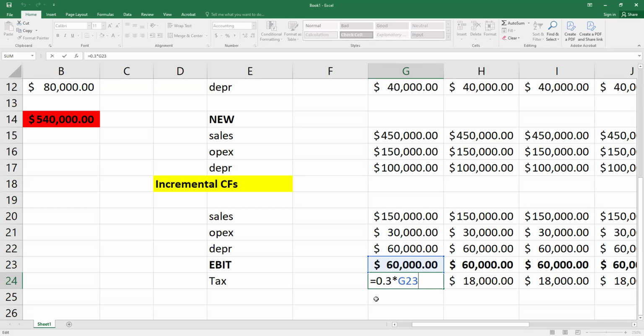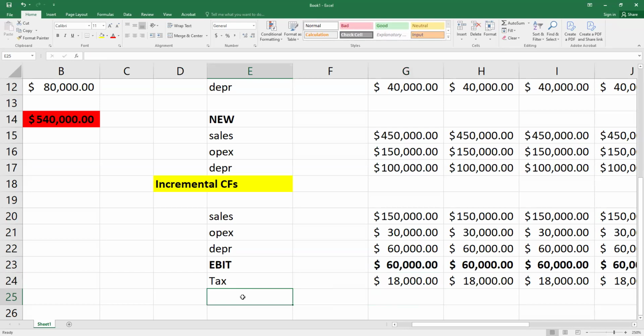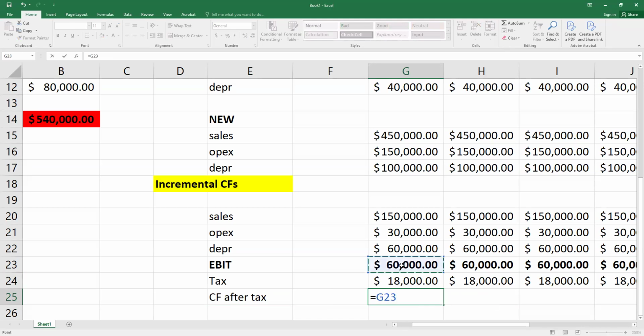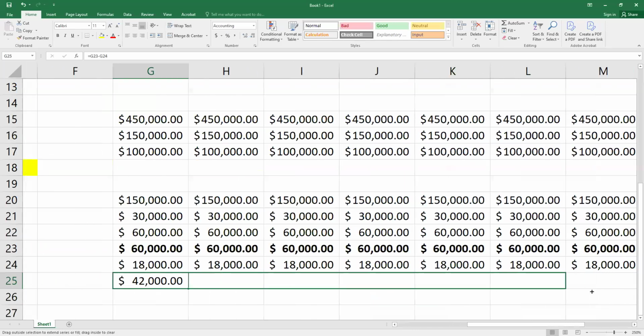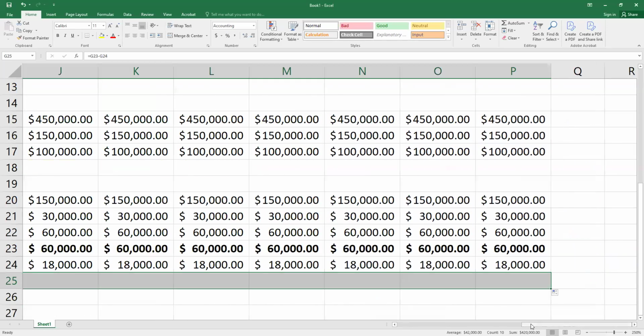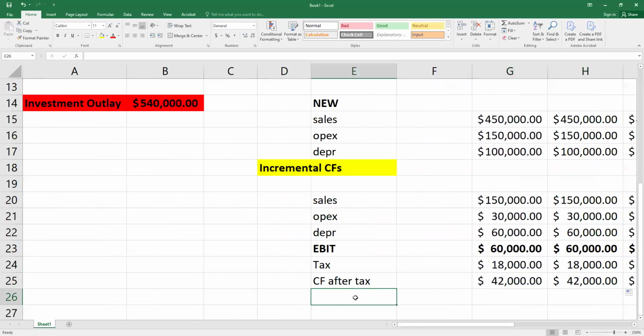The next step is the cash flow after tax. And we have depreciation, where we'll add the depreciation back.